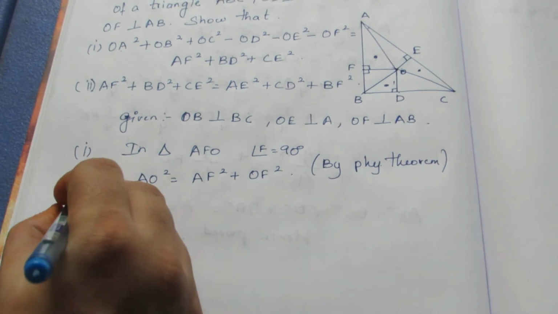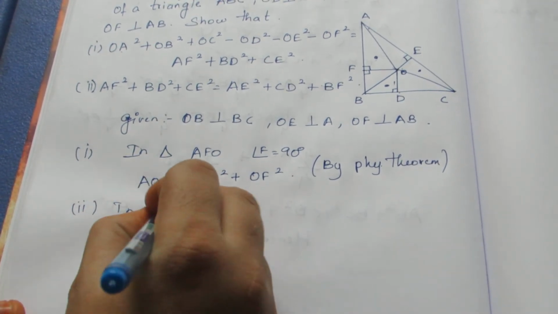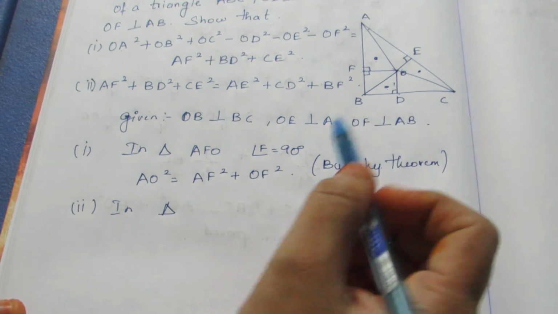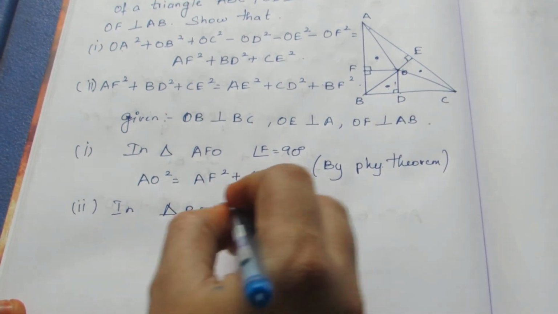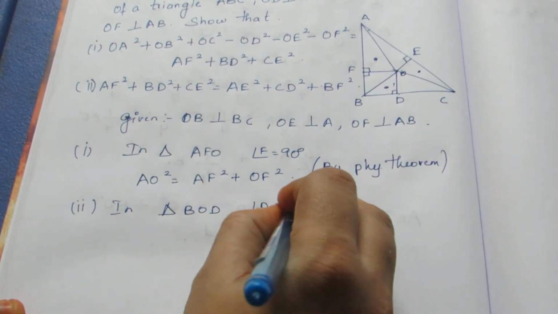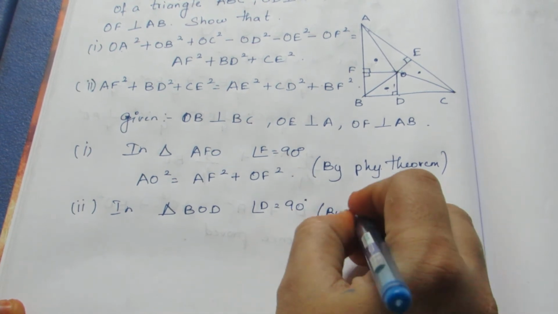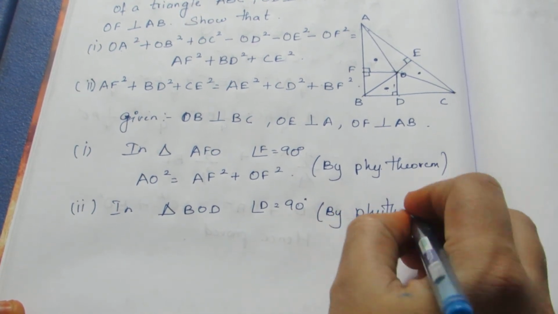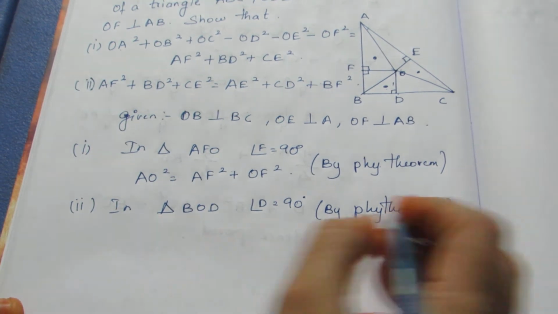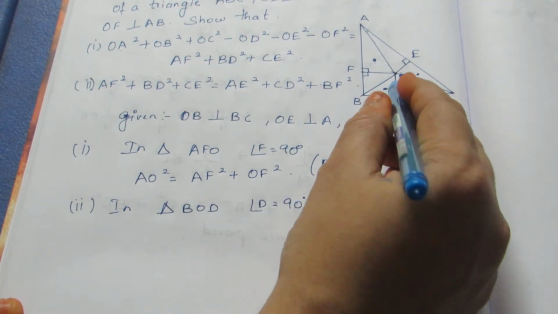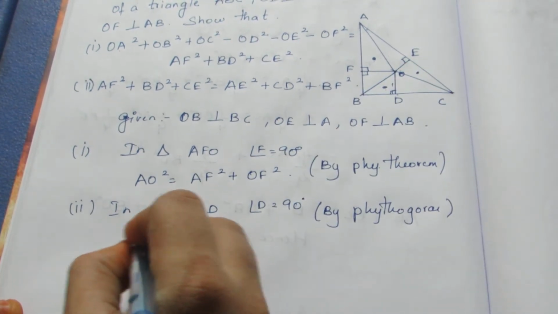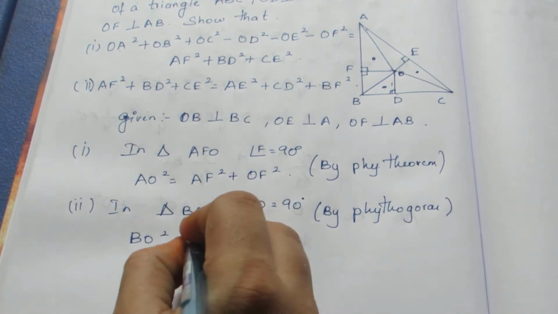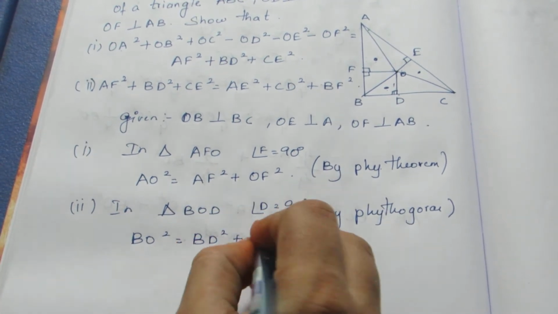Now in the second one, this triangle I need to take. So triangle BOD, angle D equal to 90 degrees. So by Pythagoras, we know that hypotenuse square, 90 degrees here, so hypotenuse is BO. BO square is equal to BD square plus OD square.